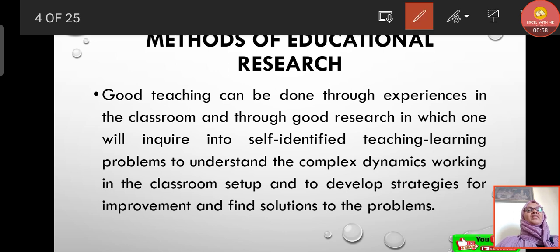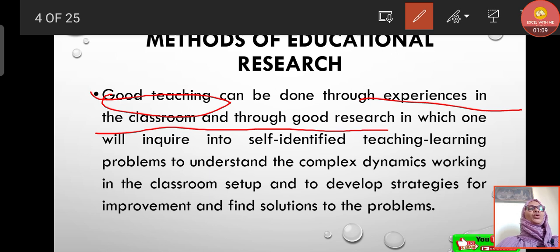So, what do we understand here? Whatever good teaching we are talking about, good teaching can be done through experiences in the classroom and through good research. So, what do we inquire into? Self-identified teaching learning problems.